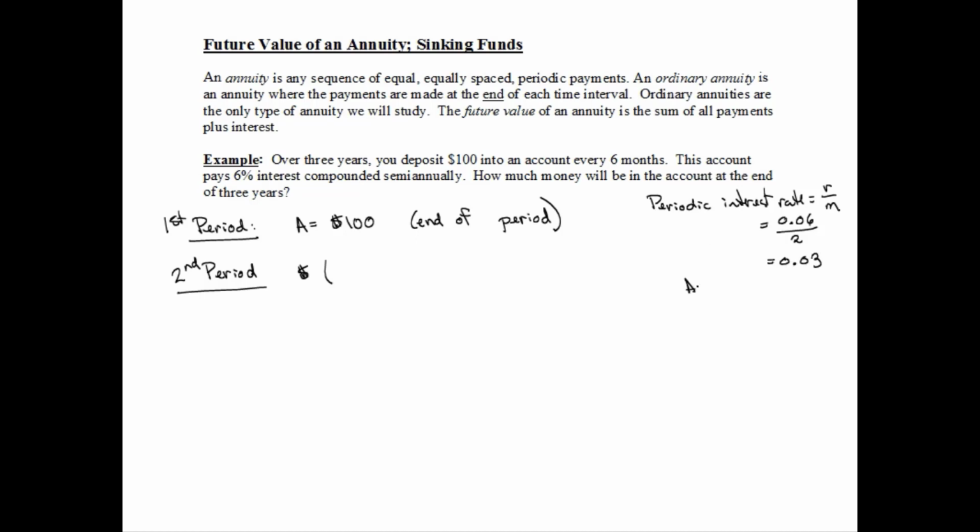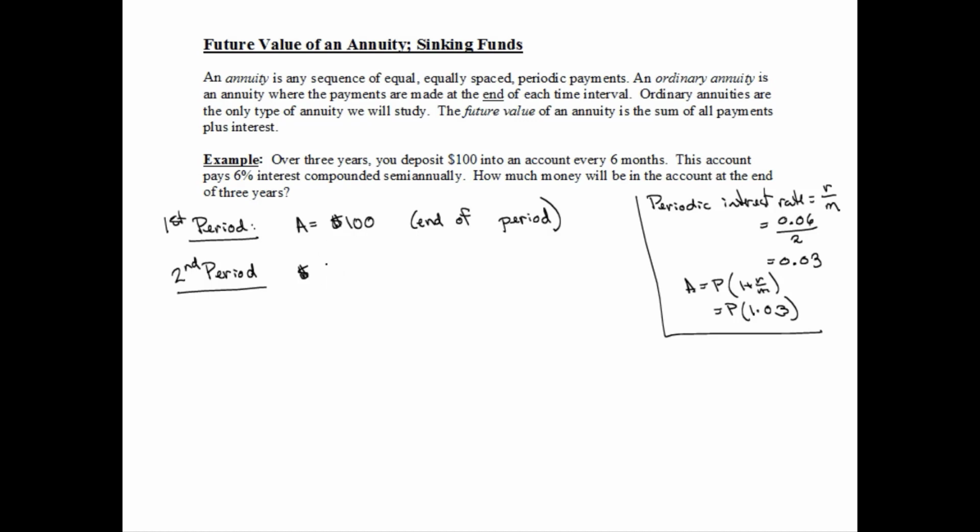And my A, remember, is equal to P times 1 plus R over M. So it'll be whatever my principal is times 1.03. Okay, that's what we're going to use here.